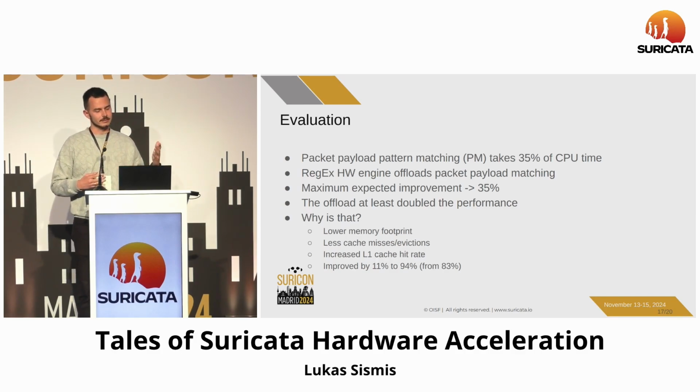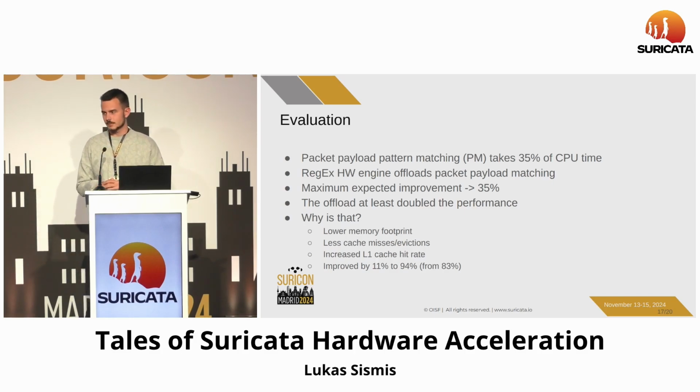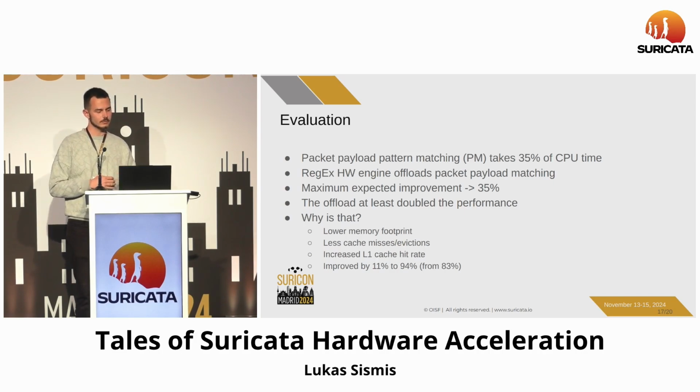We were kind of surprised, why is that? But after some inspection with perf, we came to the conclusion that as SuriCata is inspecting less memory, it's causing fewer cache misses. Its memory footprint is overall lower, and that's why we were able to beat the 35% expected improvement.